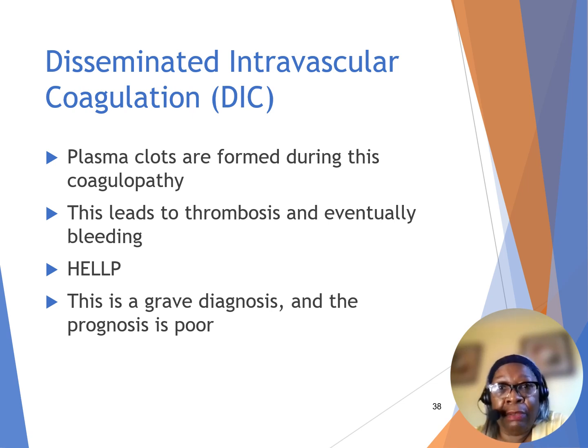So again, we have to teach the patient what to look out for and what to report to the physician immediately. Oftentimes, though, these patients are still in the hospital when DIC rears its ugly head. This is what we call a grave diagnosis. Grave, like the grave, yeah, grave diagnosis, and the prognosis is poor.